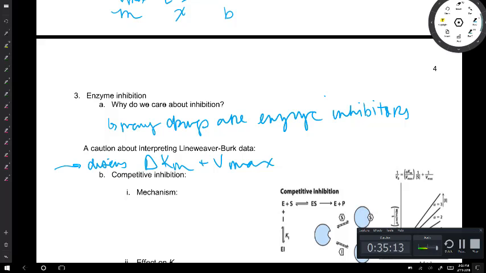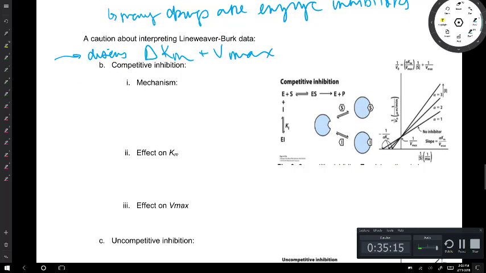The first, and perhaps the simplest to understand, is competitive inhibition. What happens with competitive inhibition, as you can see here, is that the inhibitor looks a lot like the substrate, and the inhibitor competes with the substrate to bind to the enzyme to form the ES complex. If we add enzyme, substrate, and inhibitor together, we can either form the ES or we can form the EI.